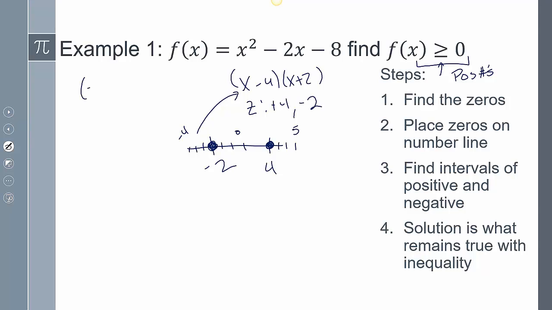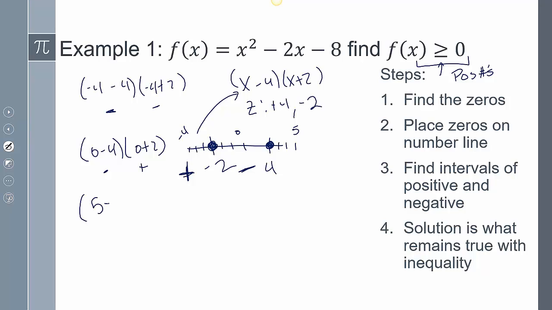Well, if I plug in negative 4, I get a negative number and a negative number. A negative times a negative is a positive. If I plug in 0, I'm going to get a negative number and a positive number, so negative times positive is a negative. And then if I plug in like 5 or 6, I'm going to get a positive and a positive, so I'm going to get a positive number here.